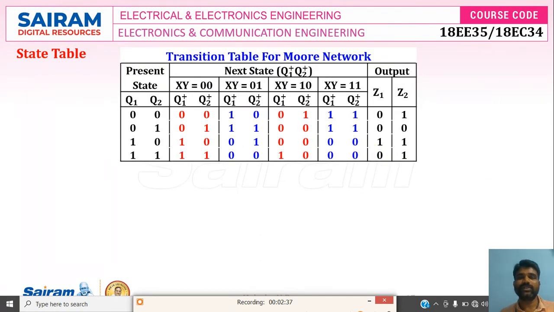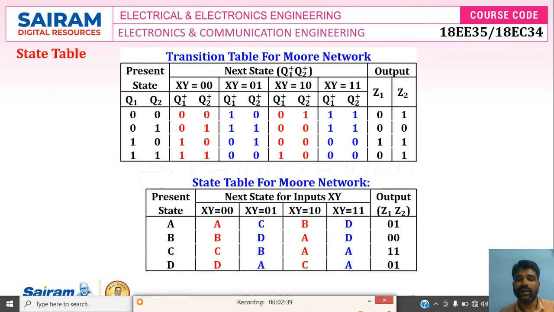Similarly, this is the transition table for the Moore network, and this is the corresponding state table.